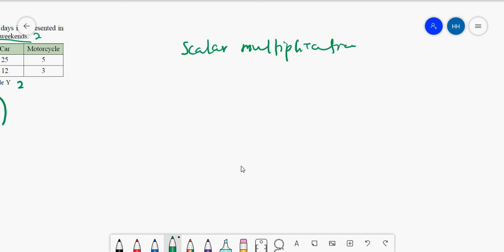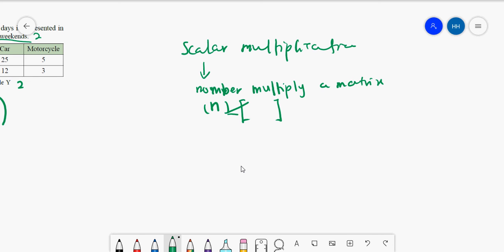The scalar is the number that multiplies with a matrix. If the number n multiplies with a matrix, then n must multiply with all the elements inside the matrix. Okay, so that's all. Thank you.